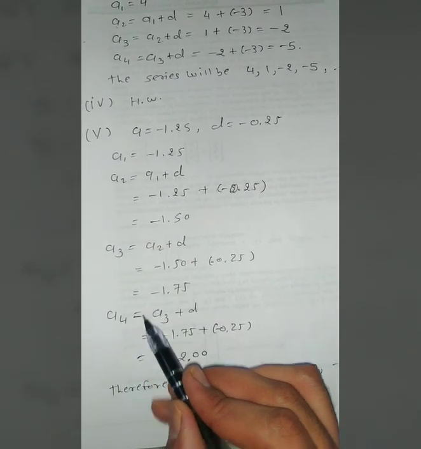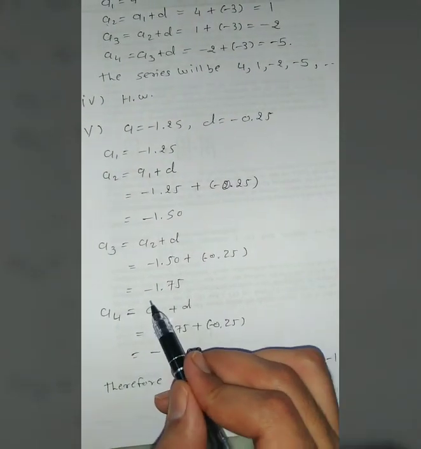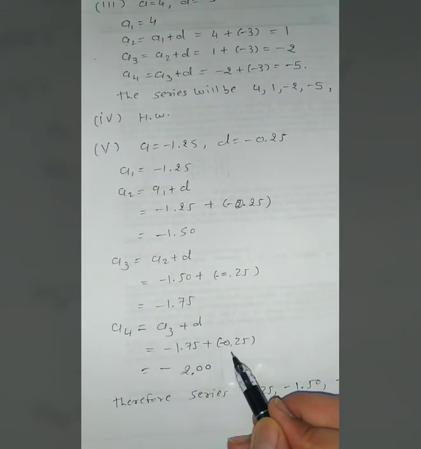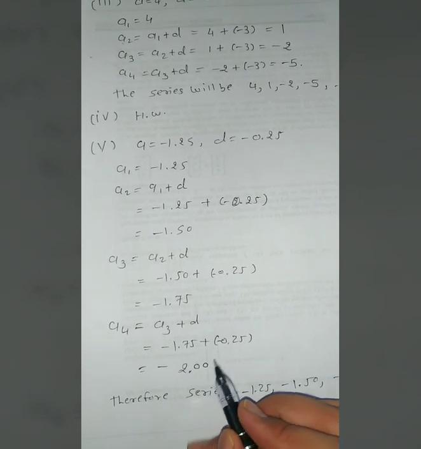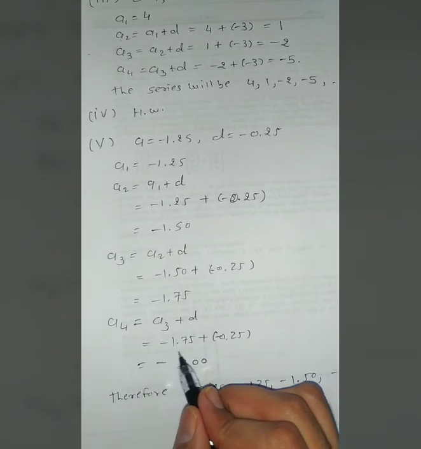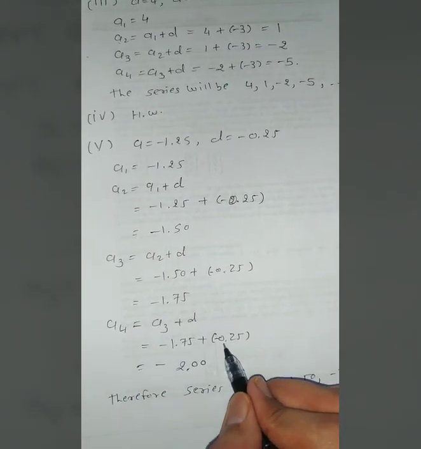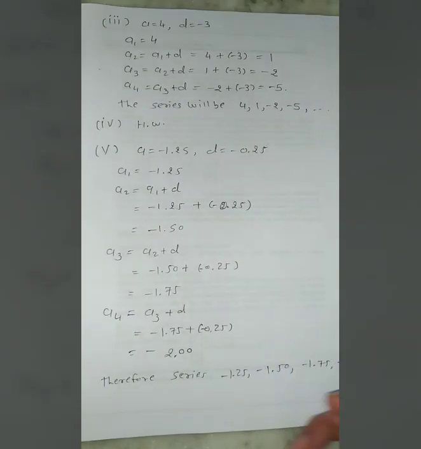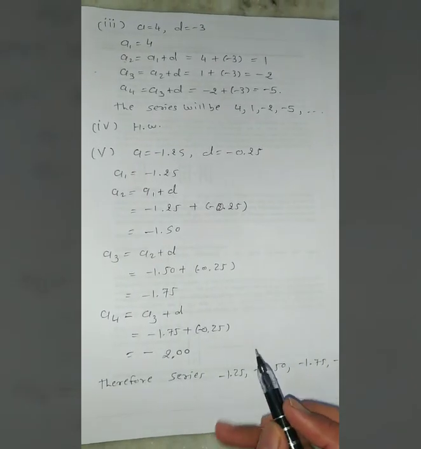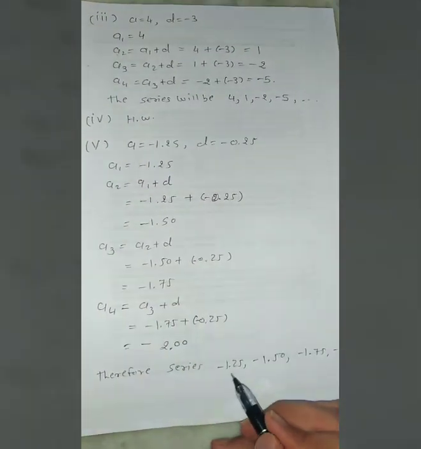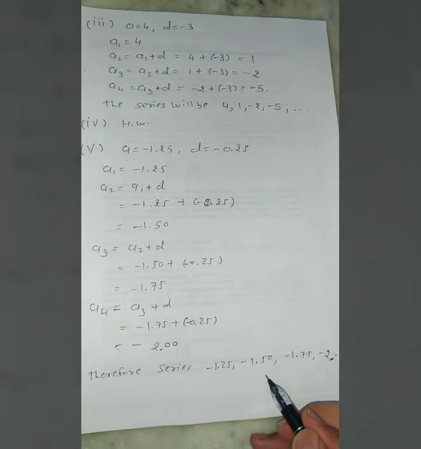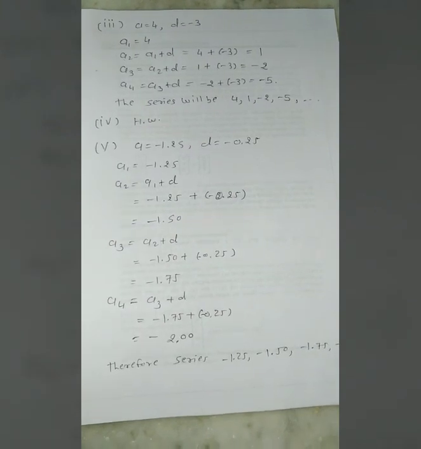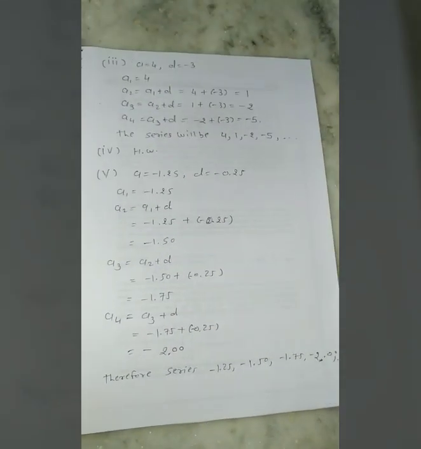So a4 is equal to a3 plus d. a3 is equal to minus 1.75 and d is equal to minus 0.25. So a4 is equal to minus 1.75 and minus 0.25, it gives minus 2.00. In this way we can see minus 1.25, minus 1.50, minus 1.75, minus 2.00 up to infinite. Okay, thank you so much.